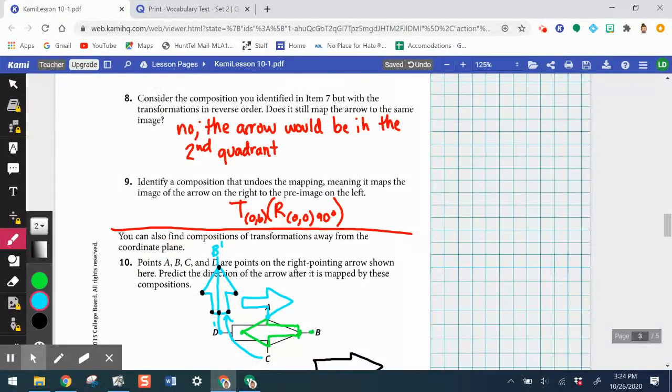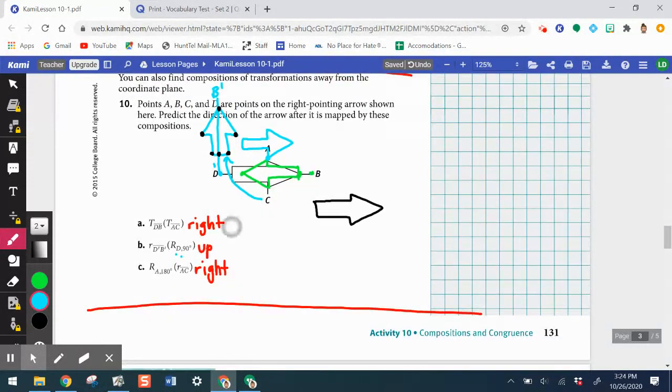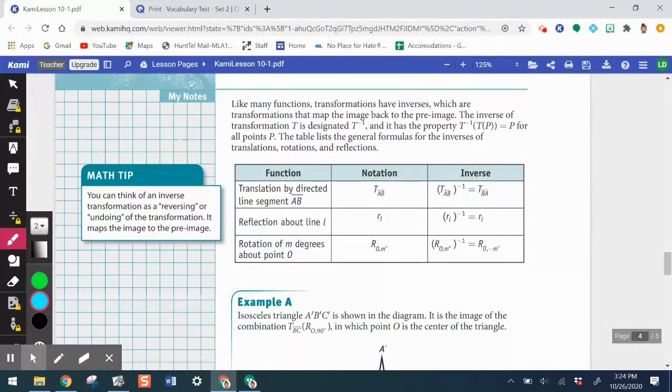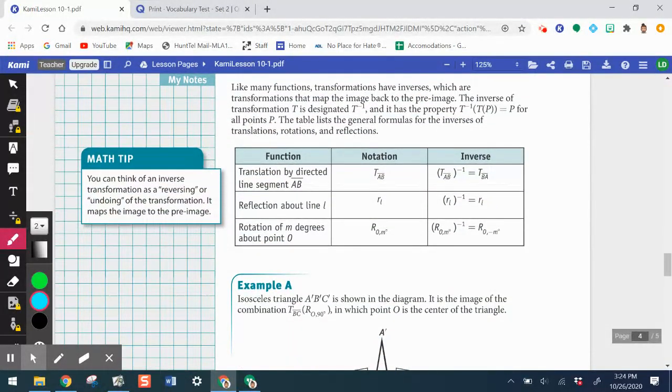But when we're talking about just a plane in general, where we're predicting the directions, we're not so concerned with where each individual point ends up, but where we believe the figure will be just in general, and in this case, which direction it will be facing. Now, let's wrap up the final page of lesson 10.1, covering the inverse of these transformations.